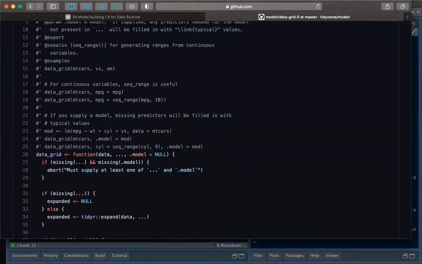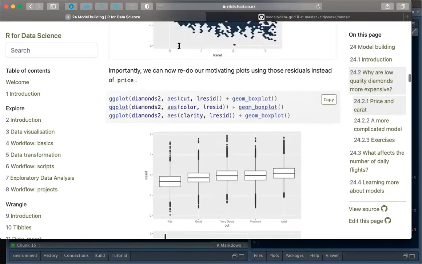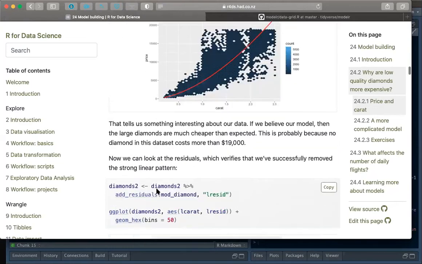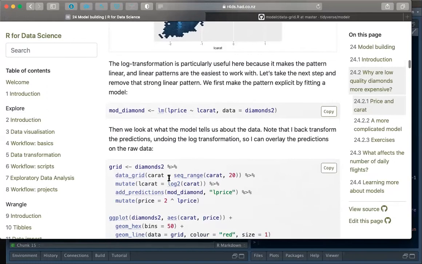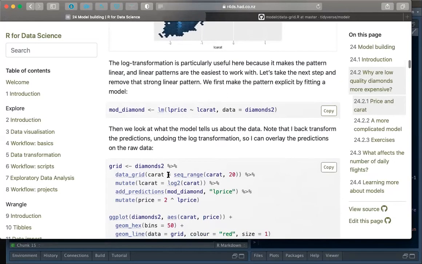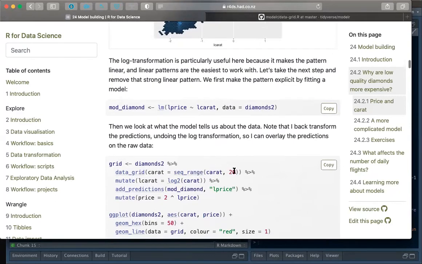If this is missing and model is missing too, it aborts and reports an error: must supply at least one of these or model. Previously, when we used add grid, we put the data in the data grid, right? But here we didn't put anything for the second value.